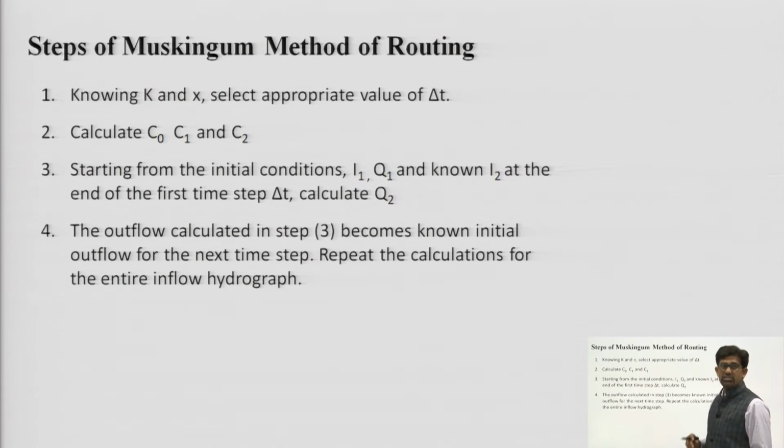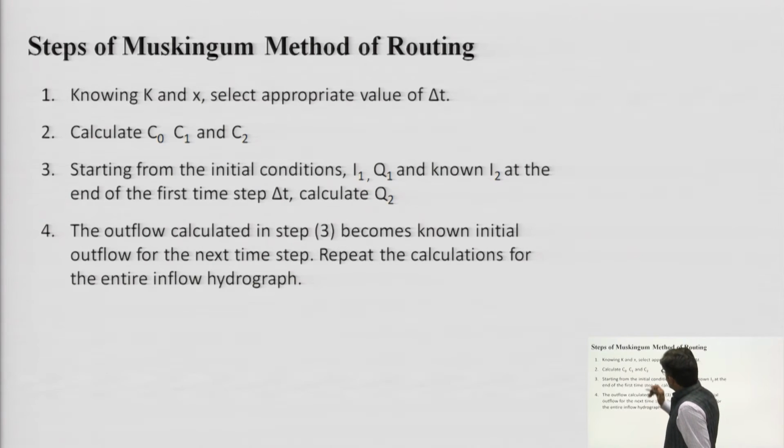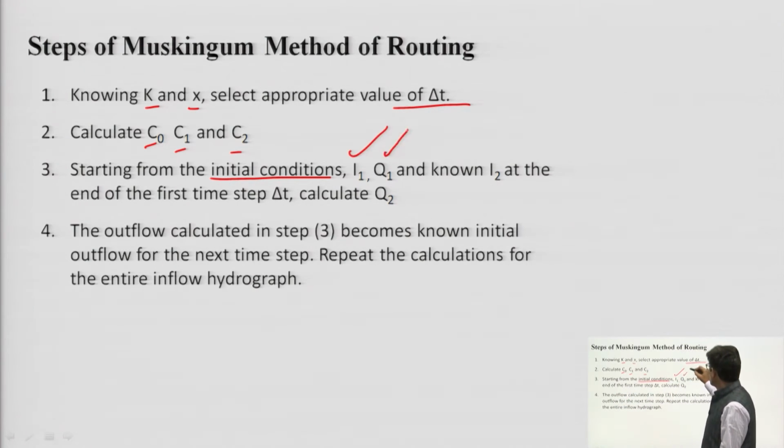So, what are the steps? Step number 1, knowing K and X, select the appropriate value of del T, and calculate C naught, C1, C2. Step number 3, starting from the initial condition, I1, Q1 and I2 are known.